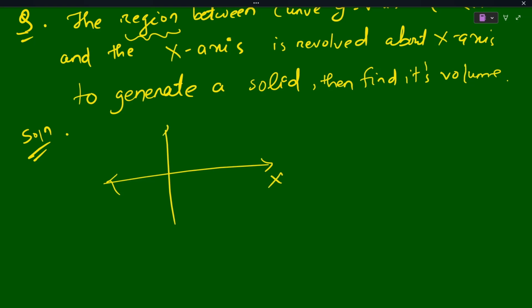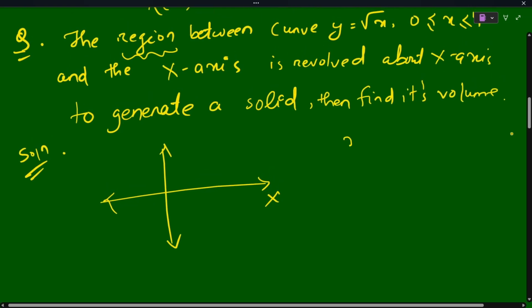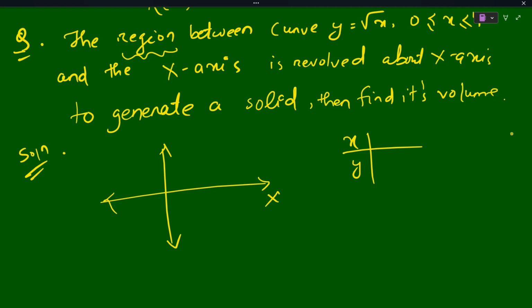This is the x-axis, this is the y-axis, so we have to plot points. So how to plot points? First draw the table and take random values of x. Suppose I take x as 0, then y would be 0, because simply it is root 0, that is 0.